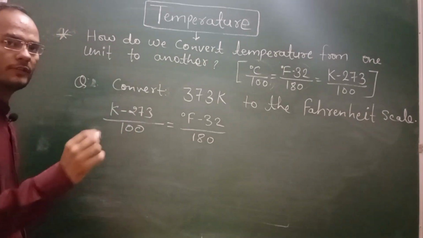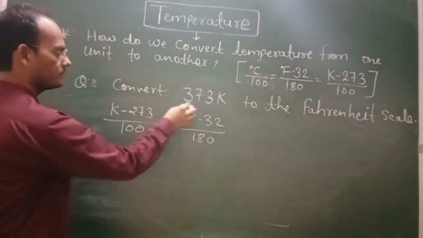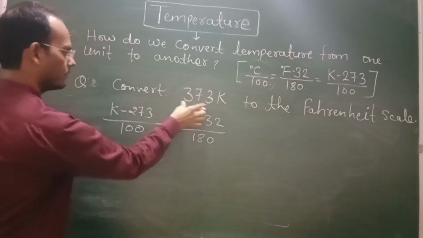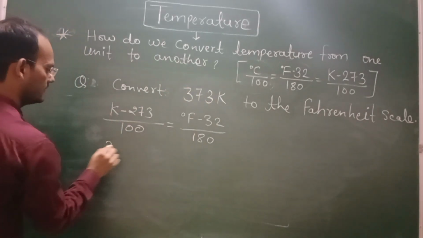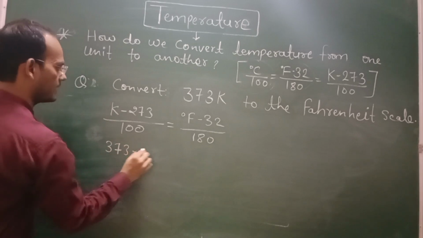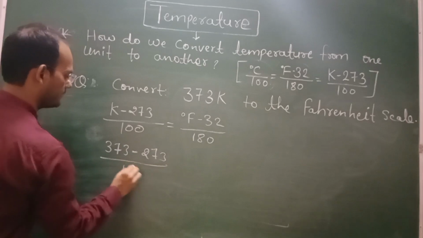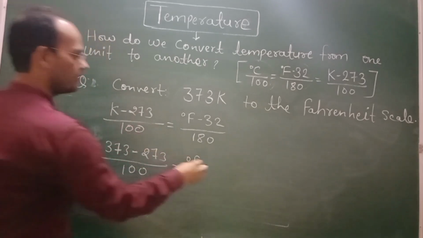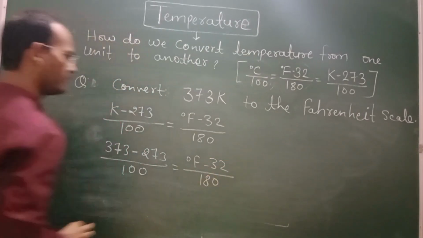Okay, now we have to put in the given value. What value is given? 373 Kelvin. Put this value in place of Kelvin. 373 minus 273 divided by 100 is equal to the degree Fahrenheit we have to find out. So keep this as it is.